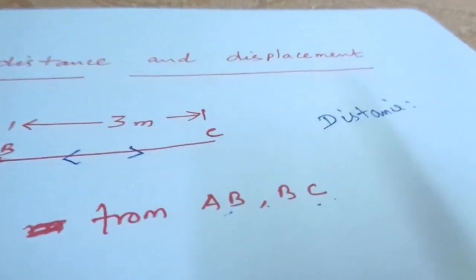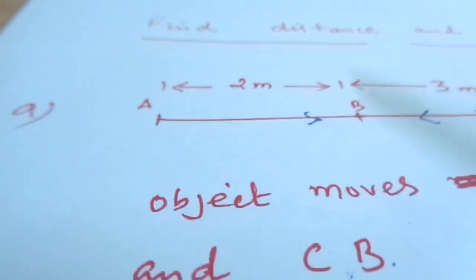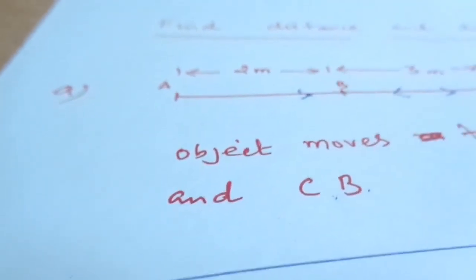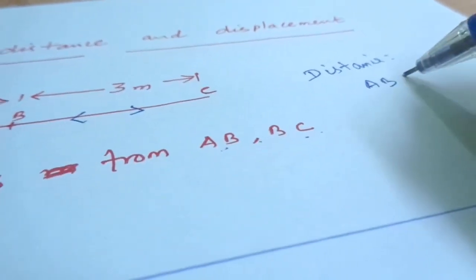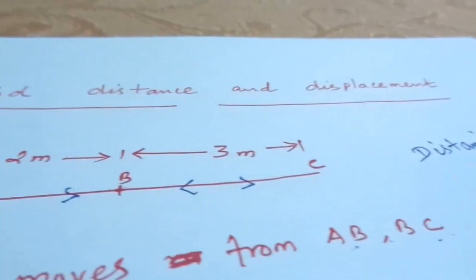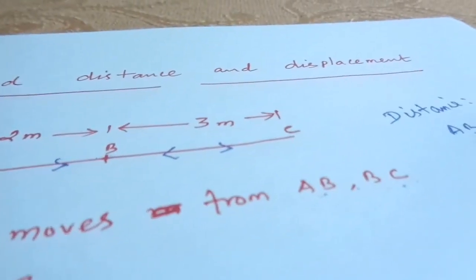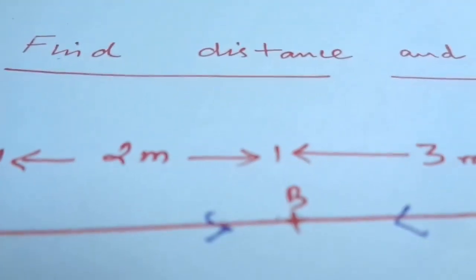Distance means what? Already you know: the total distance covered by the object is called distance. Let us consider the first part: AB plus BC plus CB. This is the total distance covered by the object.